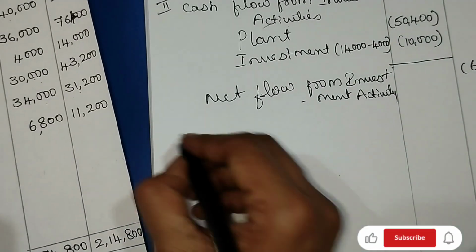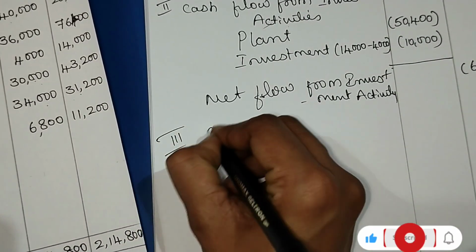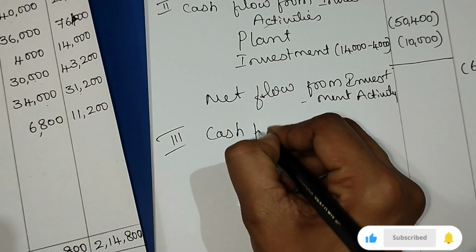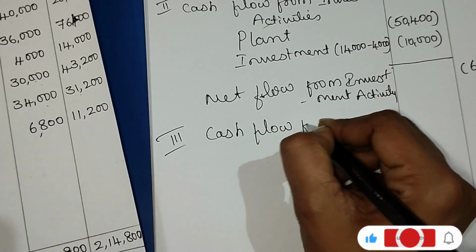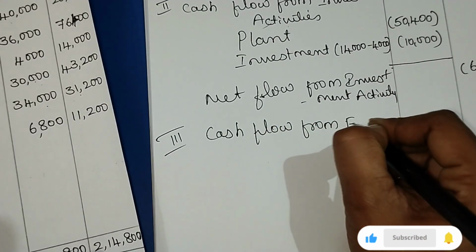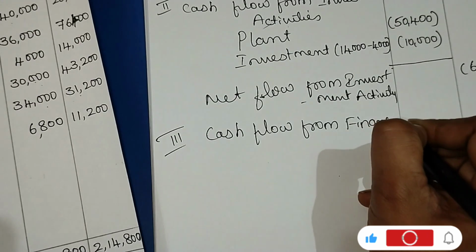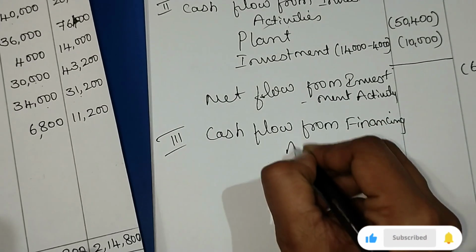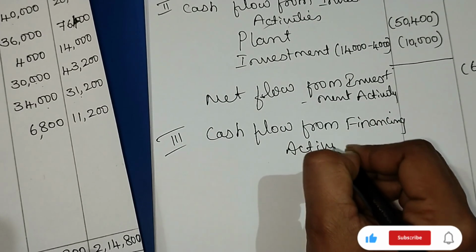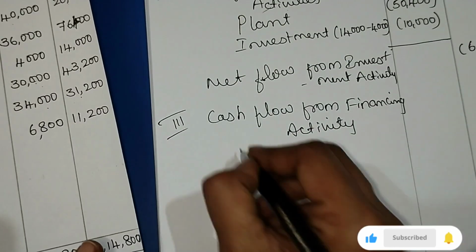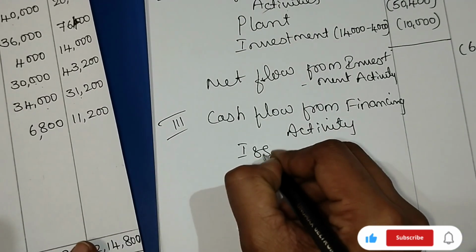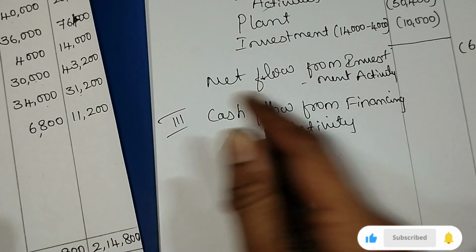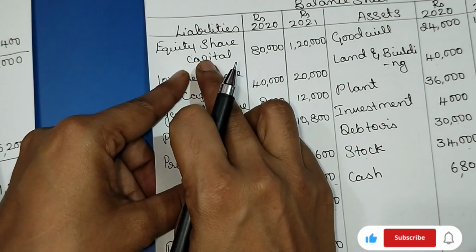Now the last activity is cash flow from financing activity. Under financing activity, any issues or redemptions we are considering. Now issue.